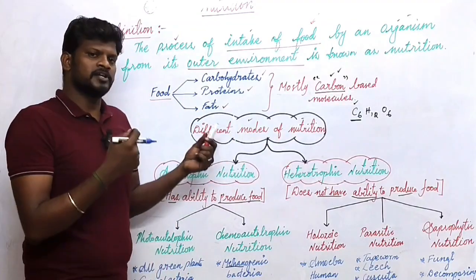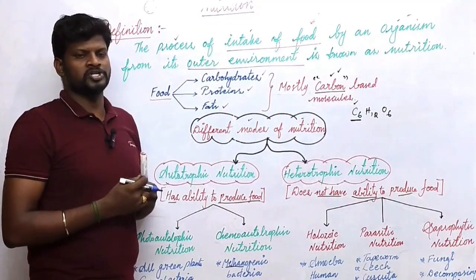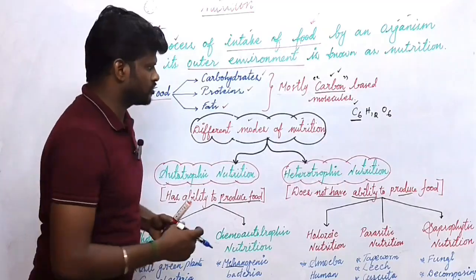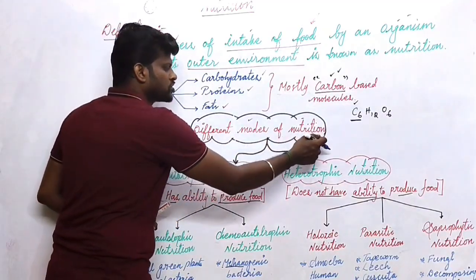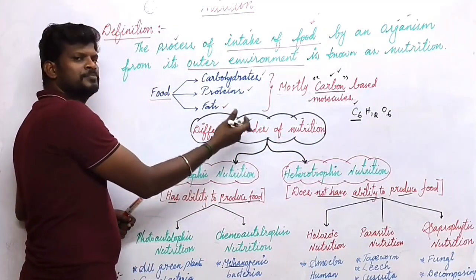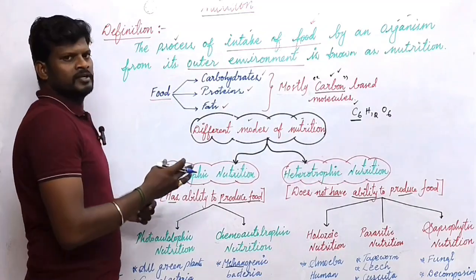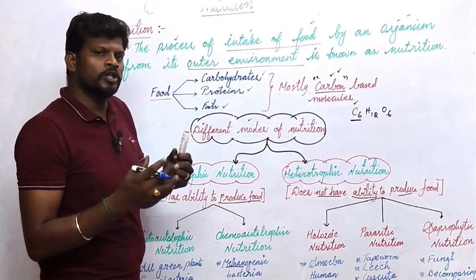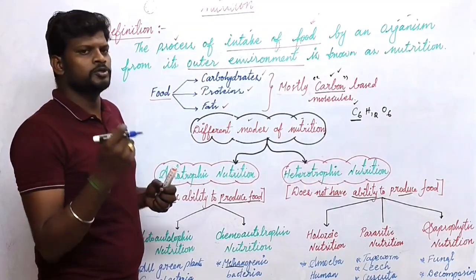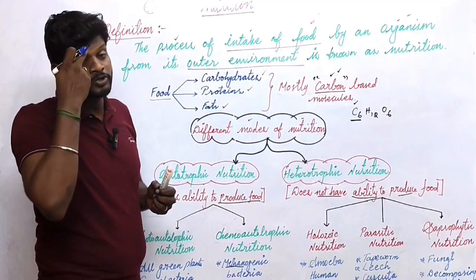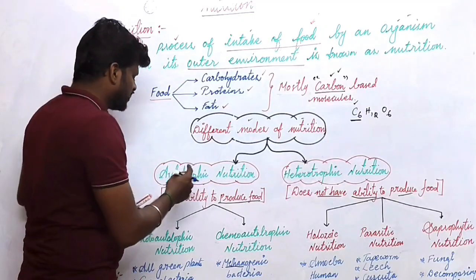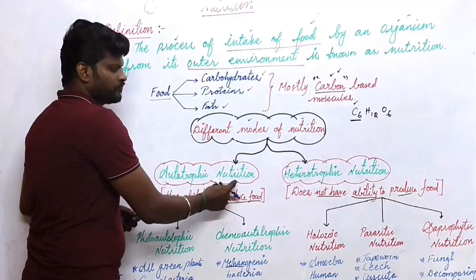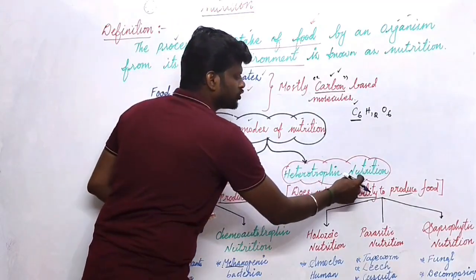Let us discuss the different modes or types of nutrition found in different organisms. Modes are nothing but types of nutrition. Generally, the nutrition in all organisms is classified into two major modes. One is autotrophic nutrition, another is heterotrophic nutrition.